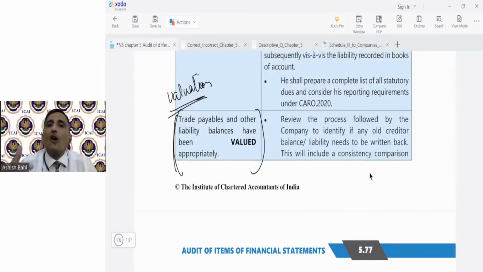Okay, so the obligation to pay the amount is reflected from the purchase invoice or from any type of agreement which is there.